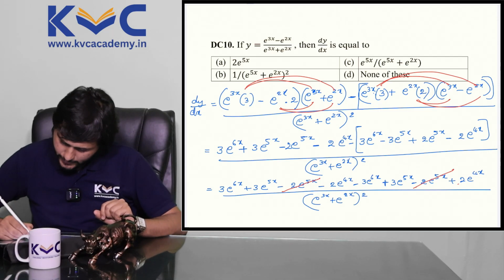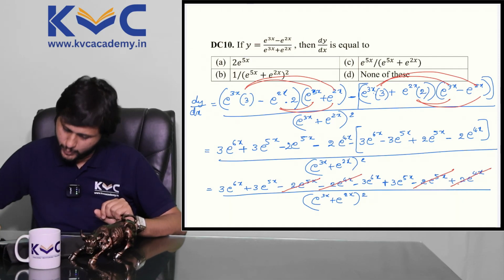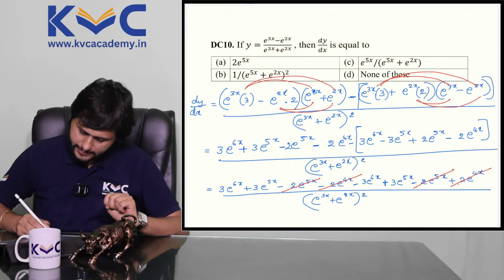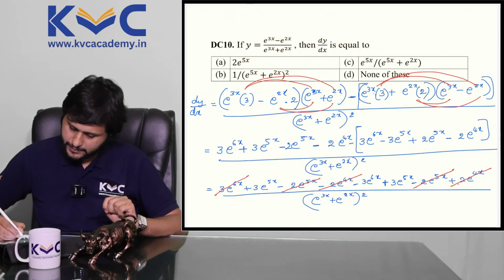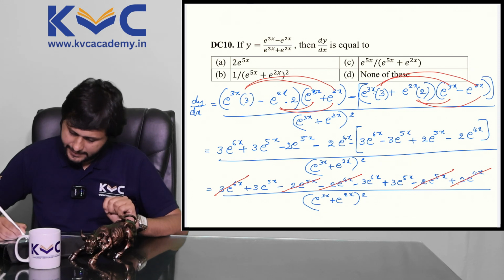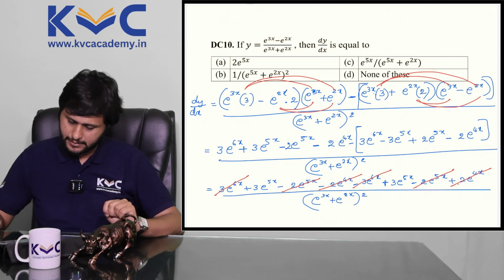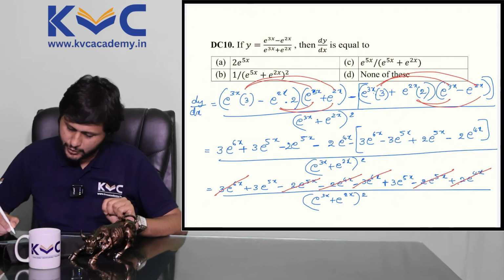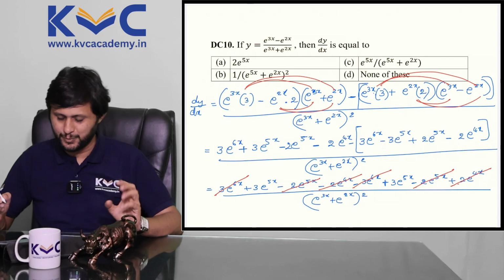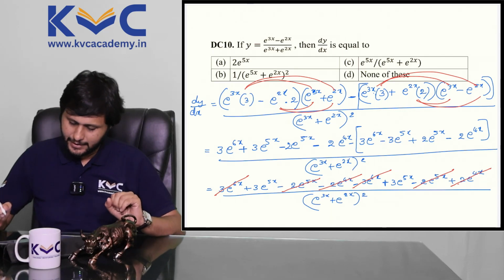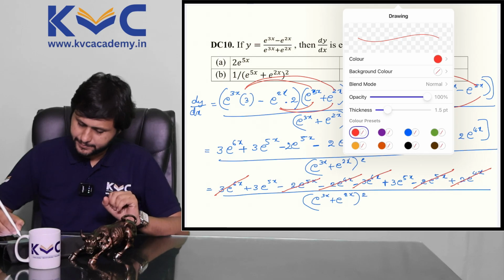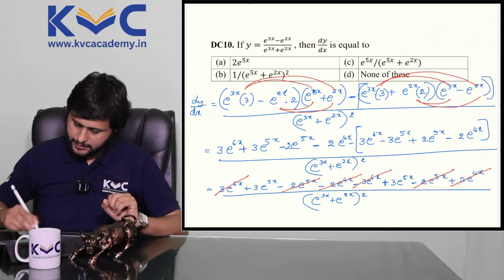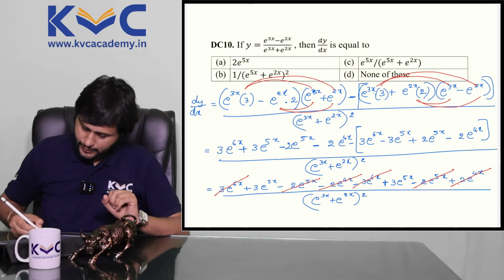Then we have another negative here and positive over here, that also cancels. We have 3 e to the power 6x positive and 3 e to the power 6x negative, that also cancels. And we have 3 e to the power 5x positive, both places. Correct. So the final answer is that will not cancel because both are positive.